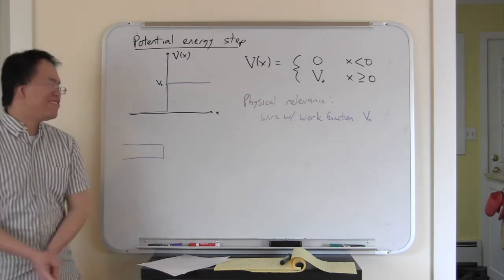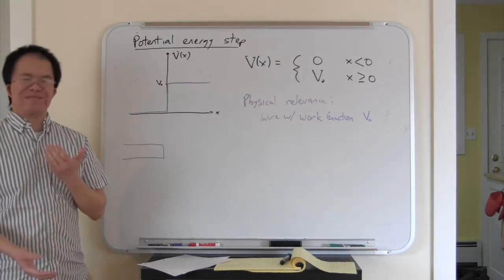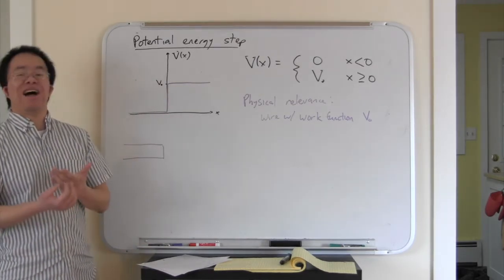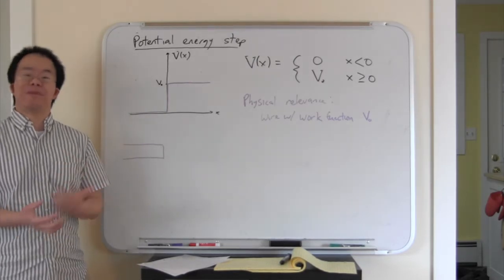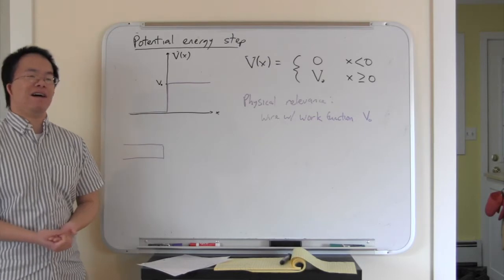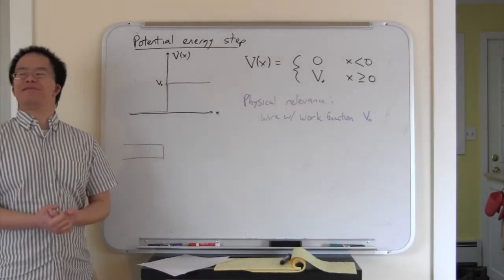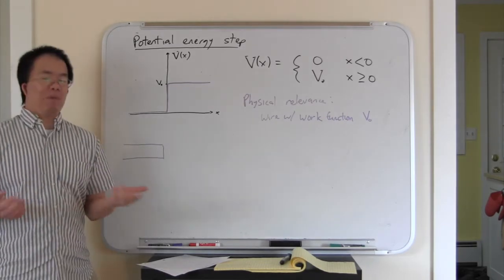Namely scattering, right? That's how we particle physicists try to discover new elementary particles at accelerators like the Large Hadron Collider in Europe. They're colliding beams of particles and looking at what happens.